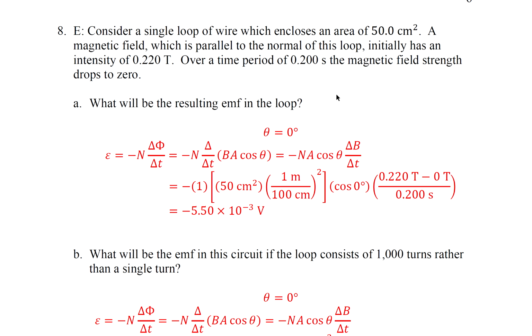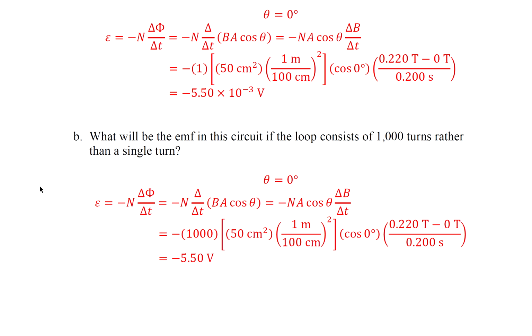So we could substitute in the numbers for A. We're going to convert centimeters to meters. And we know what delta B is. It's 0.220 Tesla minus 0 Tesla. How do we know? Read the problem. Divided by 0.200 seconds. Okay, so we get a value.